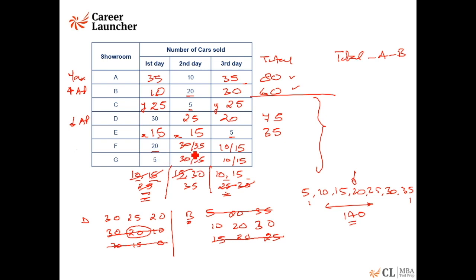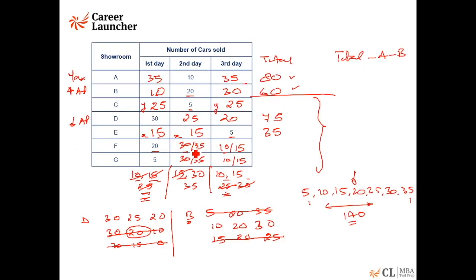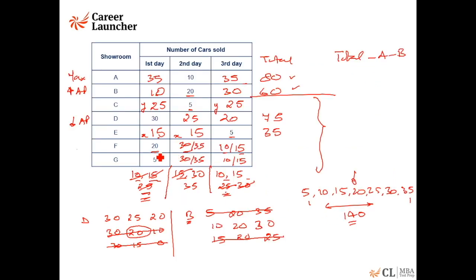F can be 20 plus 30 plus 10. So 20 plus 30, 50 plus 10, 60. F can be 60. F can be 20 plus 30 plus 15, so that will make it 65. F can be 20 plus 35, makes it 55 plus 10, 65 again.